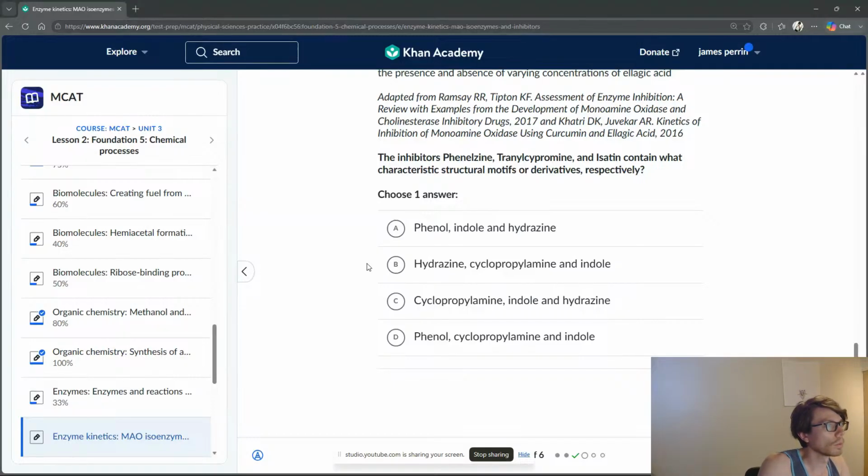This is like the hardest one I've seen. The inhibitors, maybe it's just because I still haven't finished biochemistry, the second part, but the inhibitors: phenelzine, tranylcypromine, isatin. Functional groups, really.